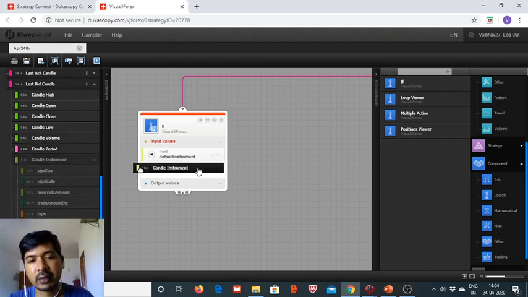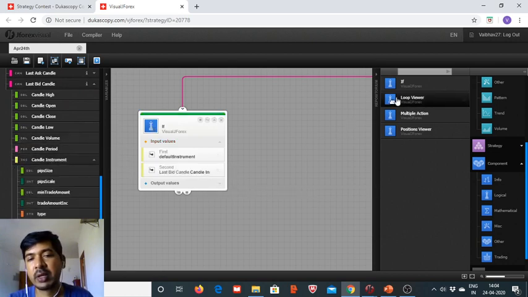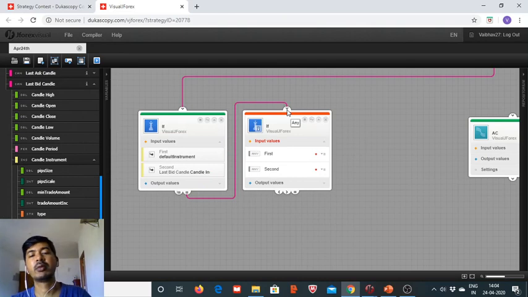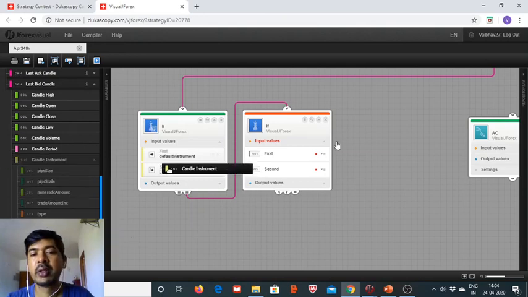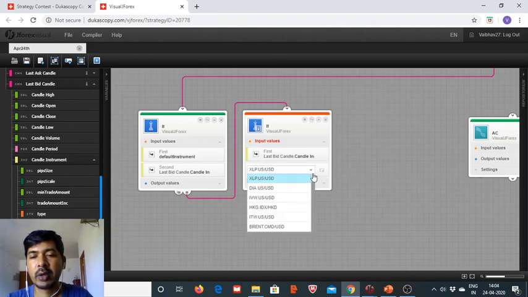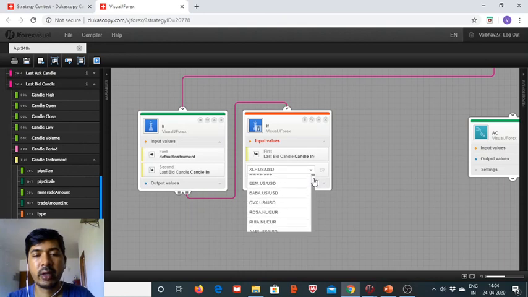So we take this last bid candle instrument, and we add it here too, and we see if the default instrument is equal to the candle instrument, and then again we check on this candle instrument to make sure that it is USD JPY and not any other instrument. So for that we have to be watchful.